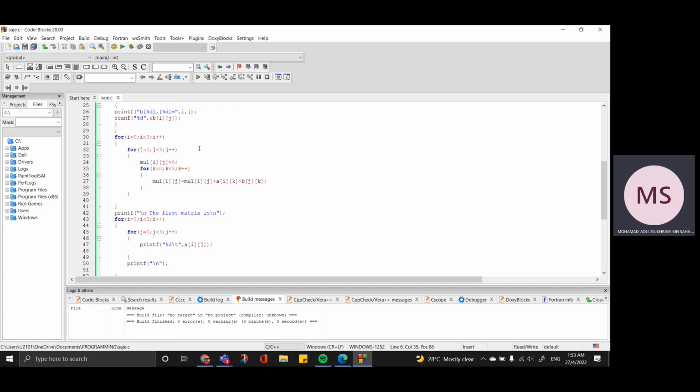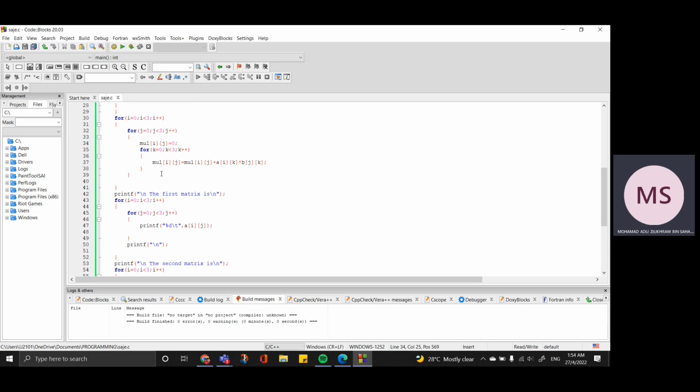And then we can enter the multiplication. For i equal to 0, i less than 3, i plus plus. For j equal to 0, j less than 3, and j plus plus. And then mul[i][j] equal to 0. For k equal to 0, k less than 3, k plus plus, where k indicates the products of the matrix.